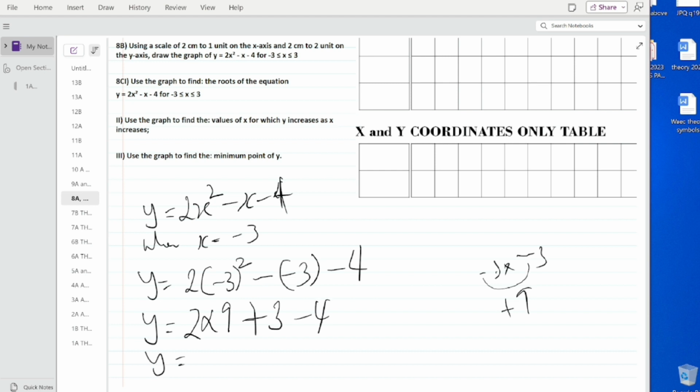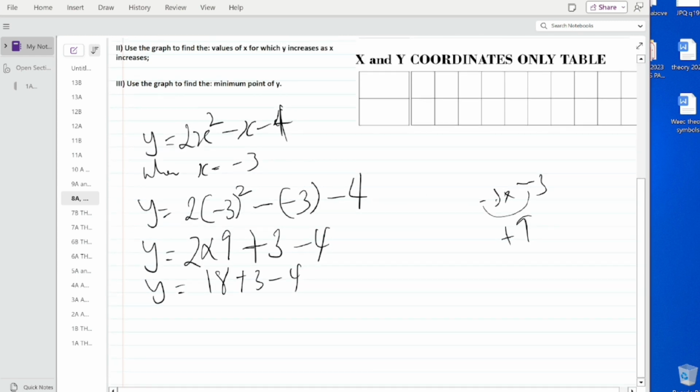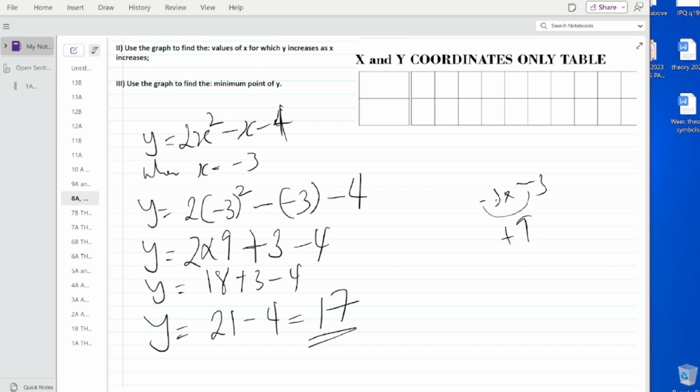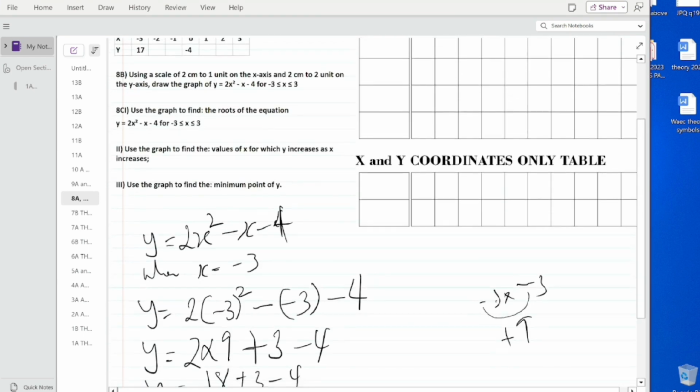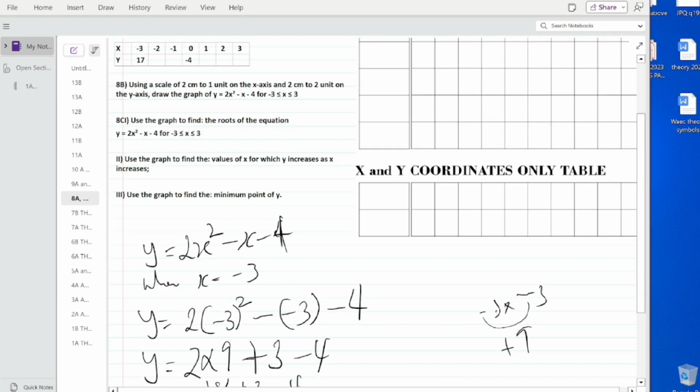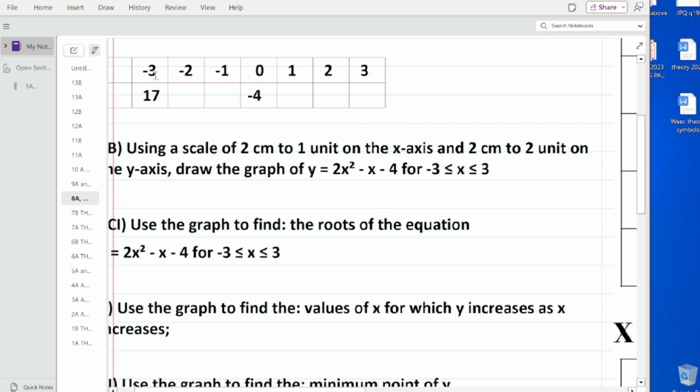Y equals 2 times 9 is 18 plus 3 minus 4. Y is equal to 18 plus 3 gives you 21 minus 4. 21 minus 4 gives you 17. Now going back to the table, we see that when our x is minus 3, y is 17.